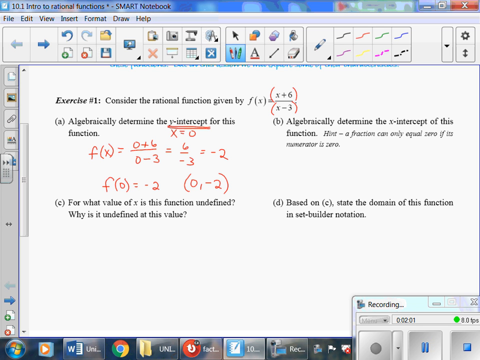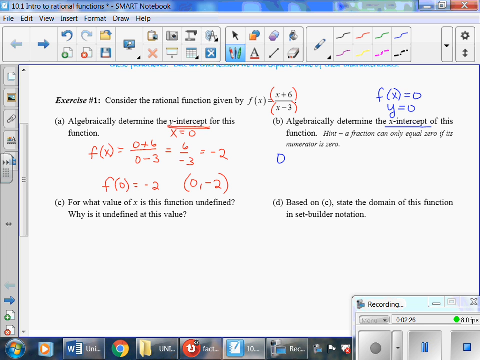All right? B, algebraically determine the x-intercept of this function. So now here we go. If we're looking for the x-intercept, what has to be 0 this time? That's right. Y has to be equal to 0. So now, if you're letting y equal to 0, that's the same thing as f of x is equal to 0.